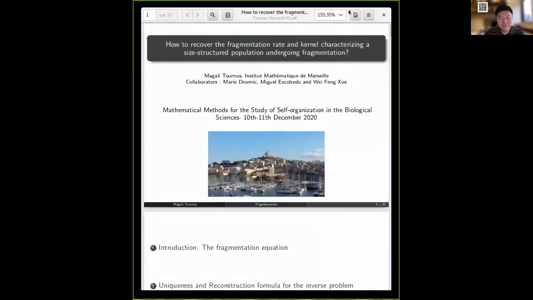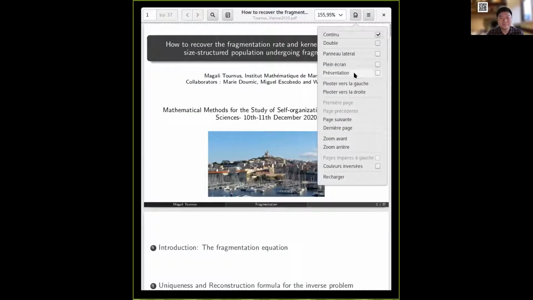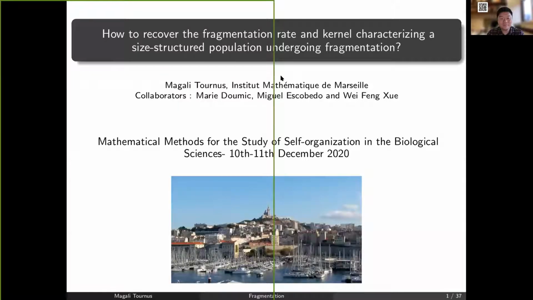The problem is that I need to not be full screen to have access to the share screen button. Sorry for the green line, and I hope you will hear me. Yes, don't worry. We can see the slides well.